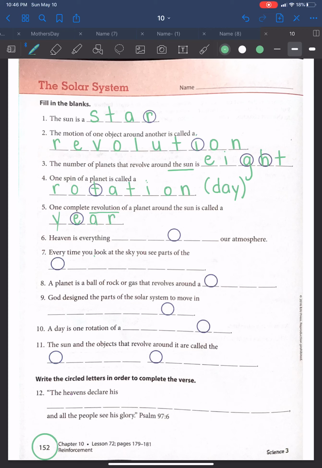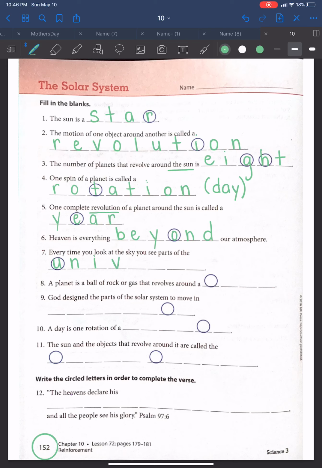We say that heaven is everything, you probably remember that from the first page of our lesson, beyond our atmosphere. Every time you look at the sky, you can see parts of this. The Milky Way, the Big Dipper, the sun, the moon. Great job. You are looking at our universe.